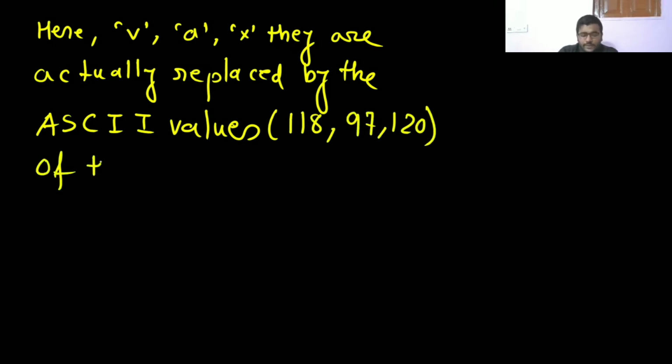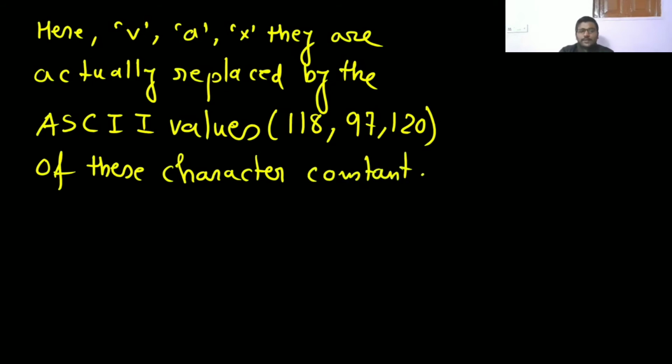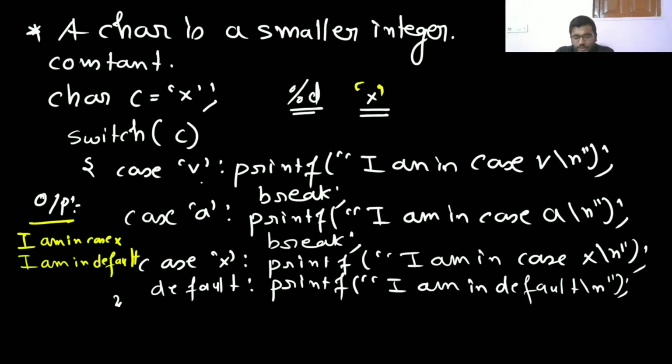At compile time, v gets replaced by 118, then 97, then x is replaced with 120. Understood? So c is having x, which is 120. Hope it is clear now.